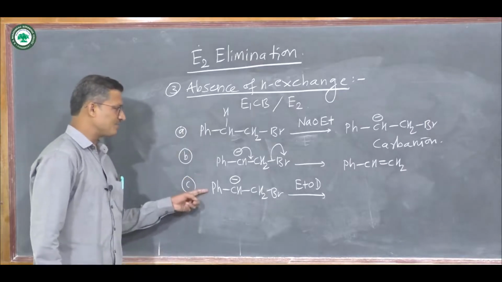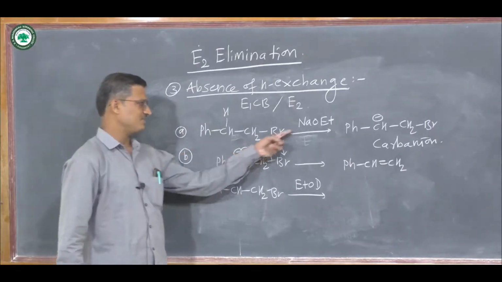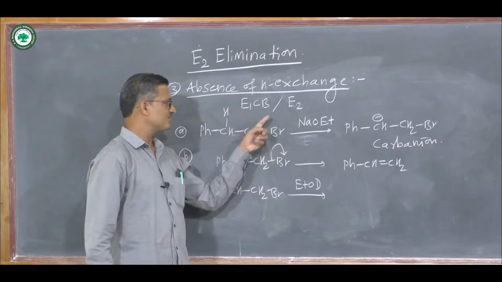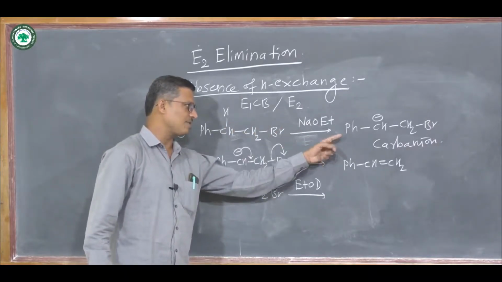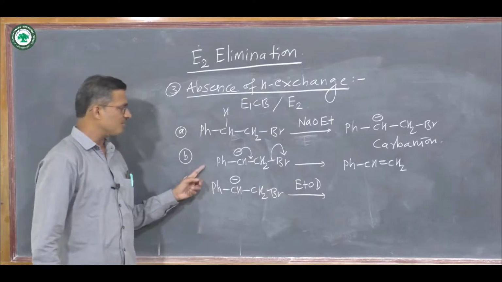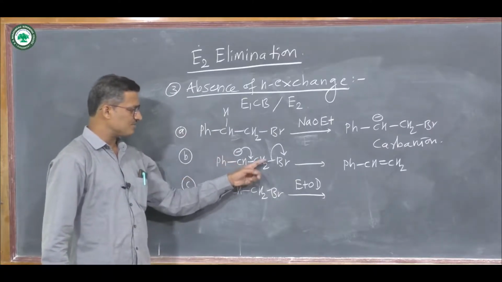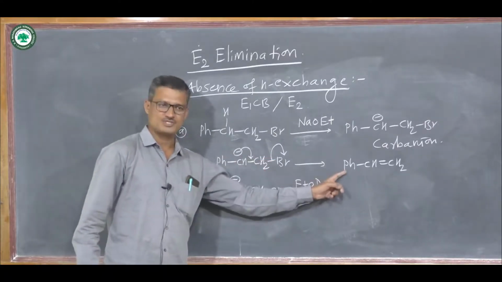What is the sequence we remember? You take this substrate, we take a base. When we see the E1CB mechanism, there is formation of a carbanion. In the second step of E1CB, the electrons are given here, and the leaving group leaves out to form the product.